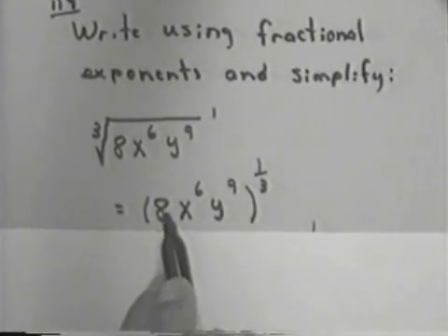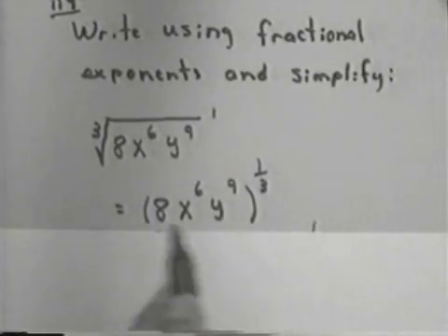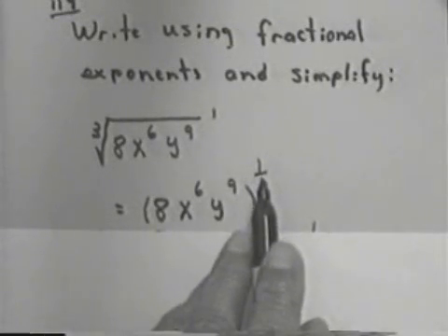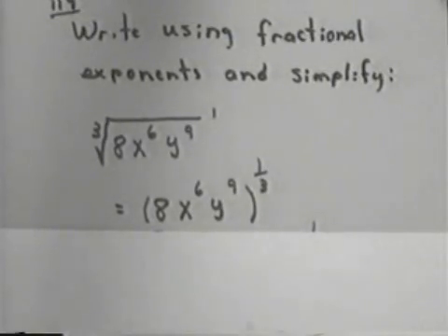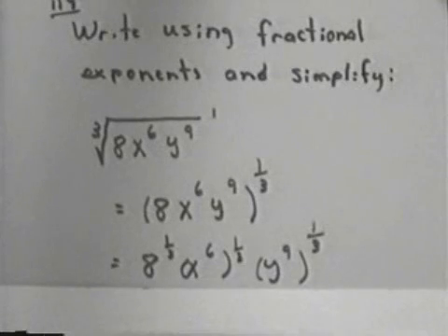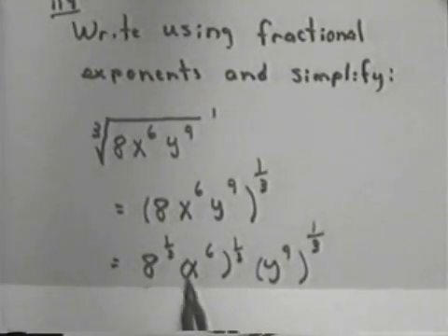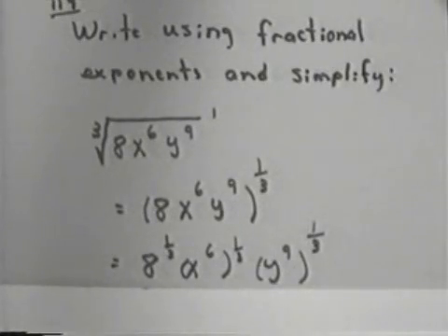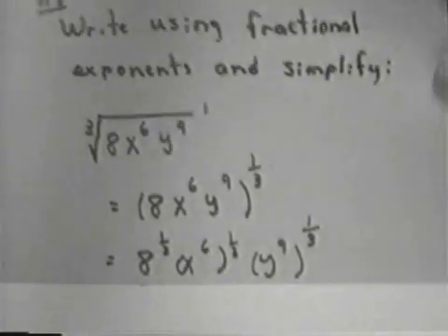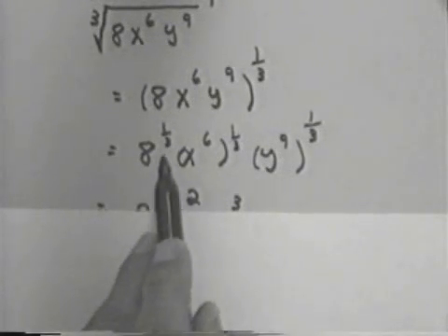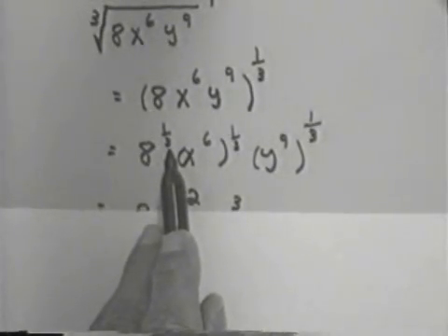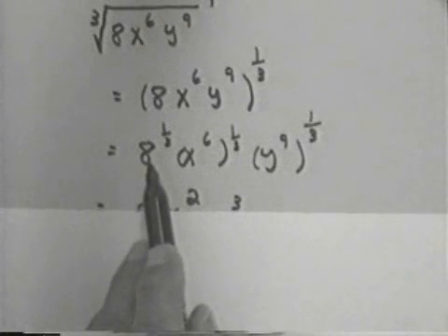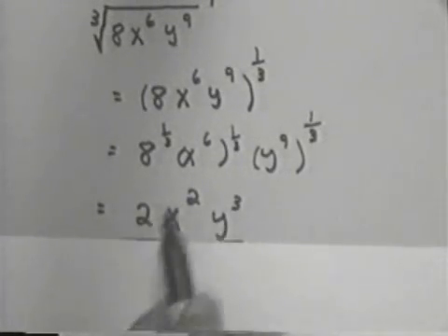Now, if I have factors inside parentheses, the exponent outside the parentheses applies to each of those factors. So I have 8 to the 1/3, x to the 6th to the 1/3, y to the 9th to the 1/3. Well, 8 to the 1/3 is the same as the cube root of 8, which is one of 3 equal factors whose product is 8, so that gives me 2.